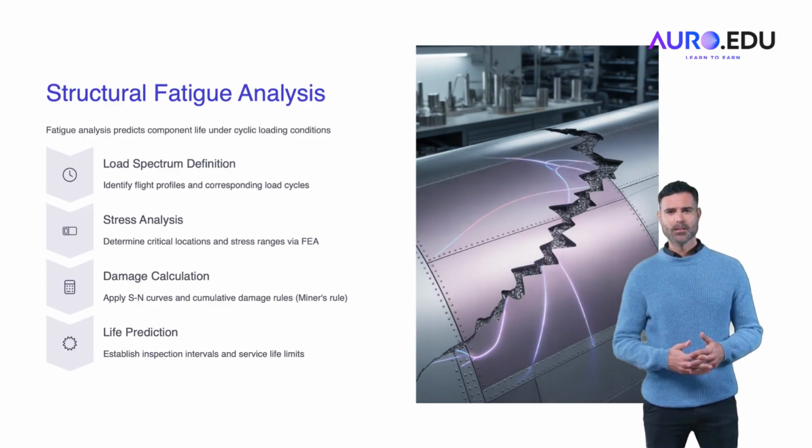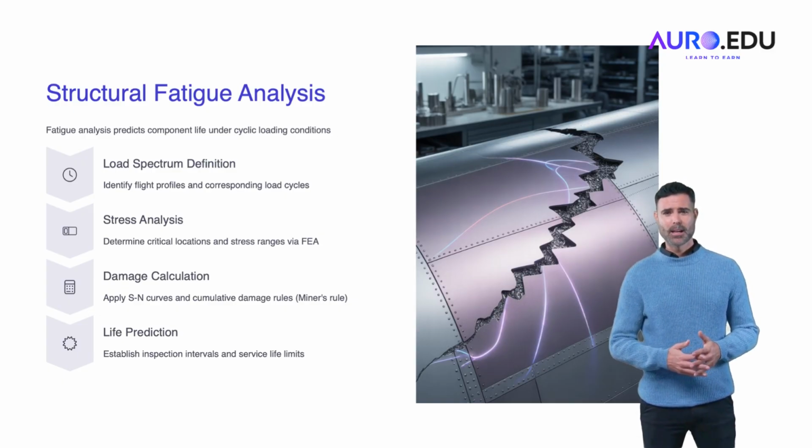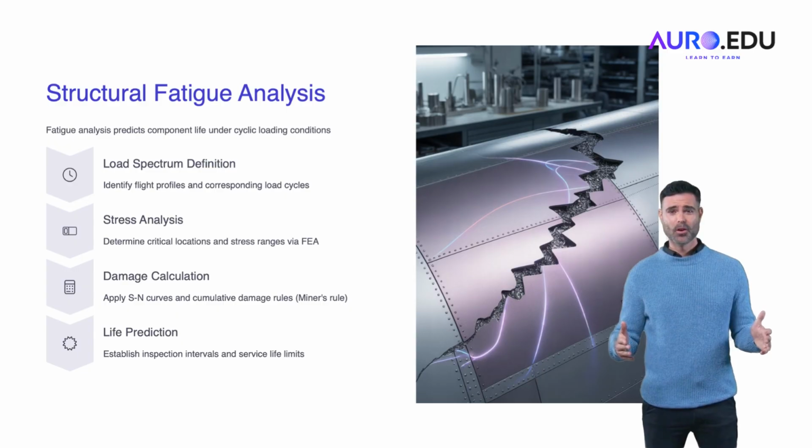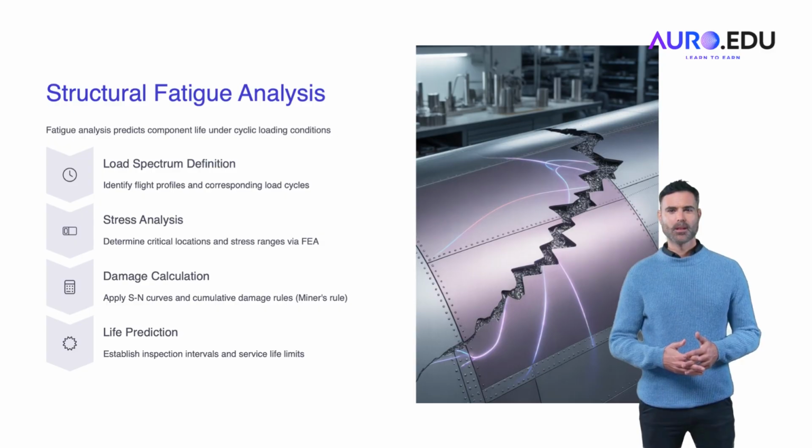By analyzing the stress ranges and load spectra, engineers can identify critical locations in components that are most susceptible to fatigue. SN curves, also called Wöhler curves, are used to predict the number of cycles to failure based on the stress levels. Cumulative damage is calculated using Miner's rule, which helps determine when parts will need to be inspected or replaced.